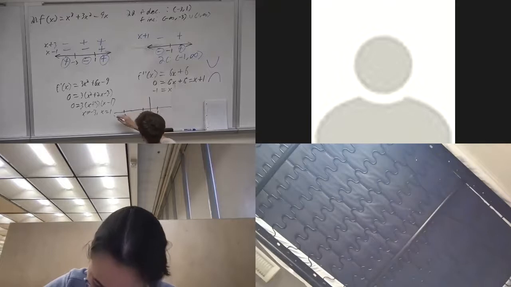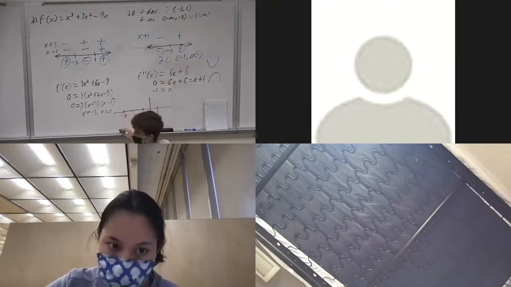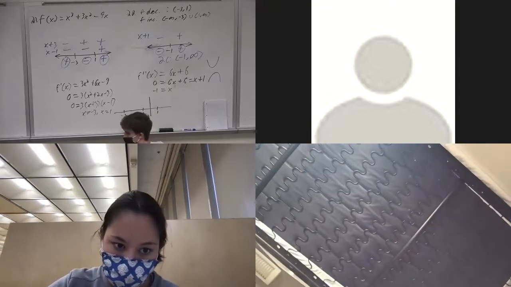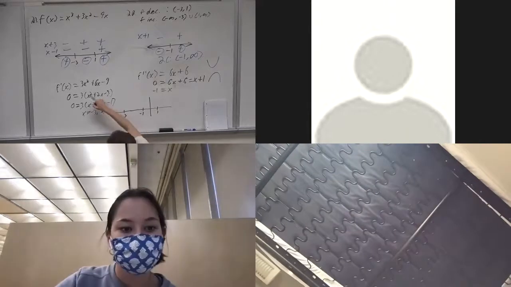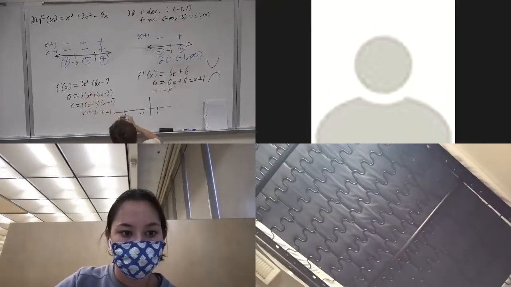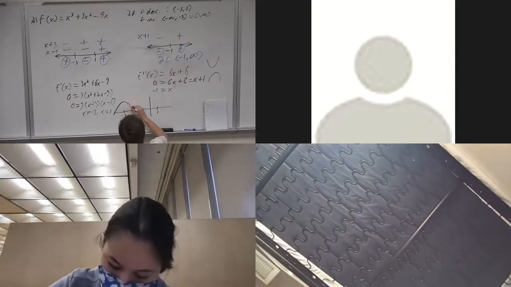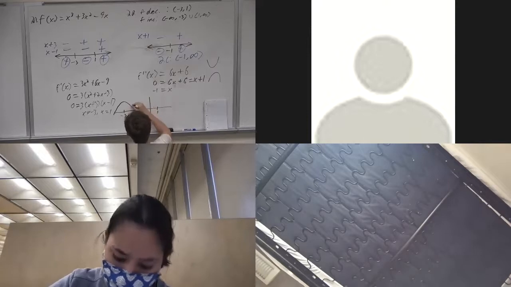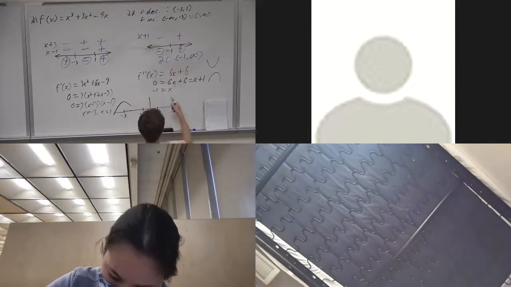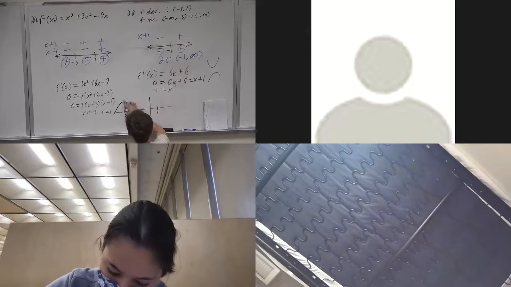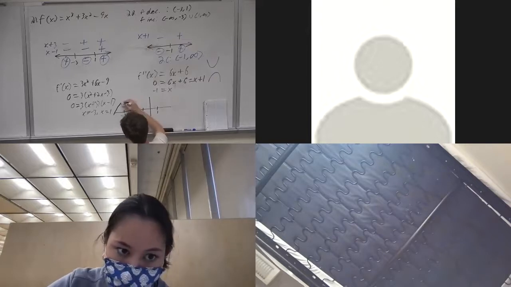So this is how I like to draw these things. I don't know if you can see it. From way on the left, we're increasing, and then once we hit -3, we're decreasing, and then we flip right when we hit -1. So I guess I need to take this a little bit longer.